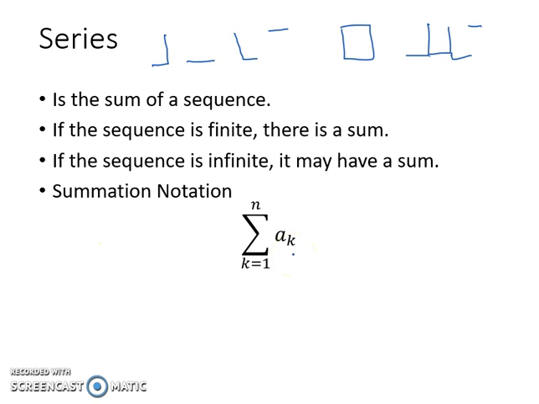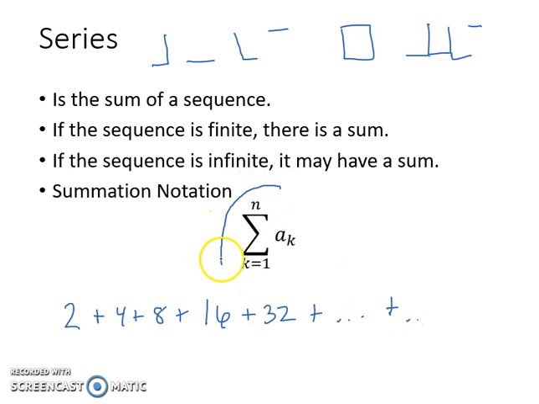So our general notation, instead of writing out, okay, I want 2 plus 4 plus 8 plus 16 plus 32, and then on for however long I want to go, it's going to be much easier to write it using what's called summation notation. And we use the Greek letter sigma, capital sigma, and then we say, okay, we're going from our kth term to our nth term.